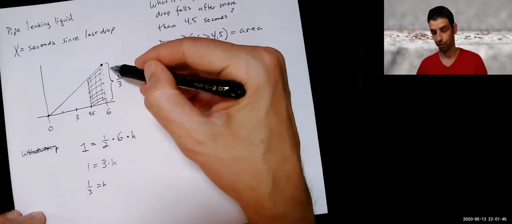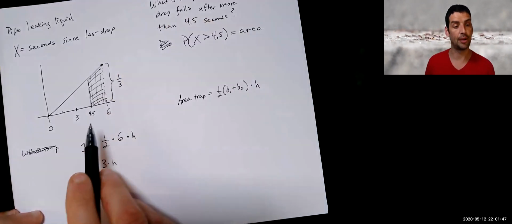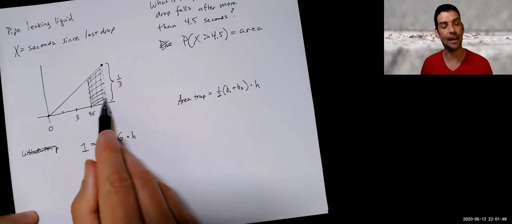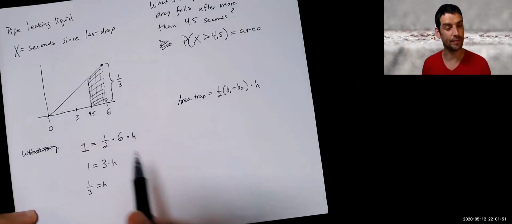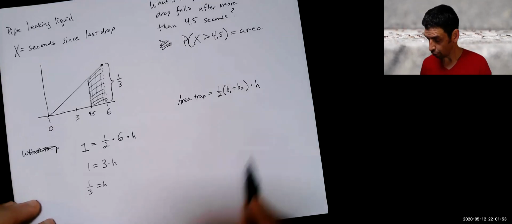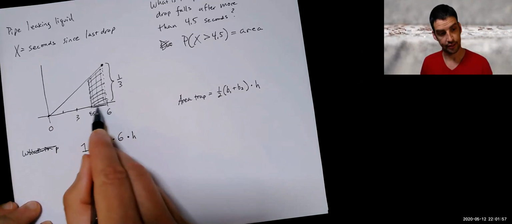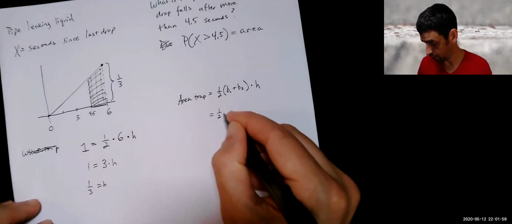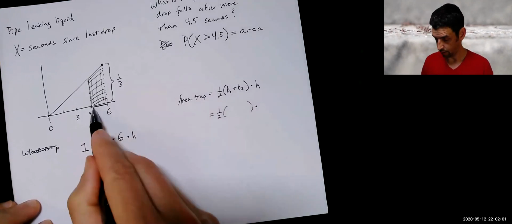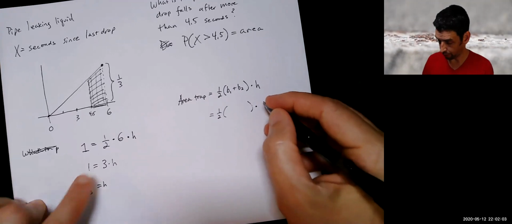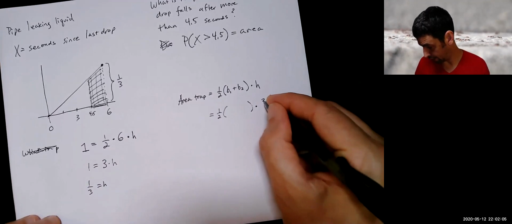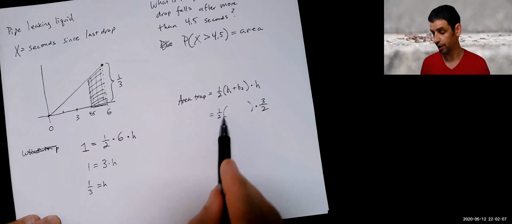Base 1 and base 2 are the two bases of the trapezoid, right? It's on its side, but we take the average of these two and multiply it by the height. Okay, that's the idea. So I already know the height. That's this distance here. Let's put that in. This distance is 1.5. Let's do 3/2 since I've got some fractions going already and I want to stick with one or the other.